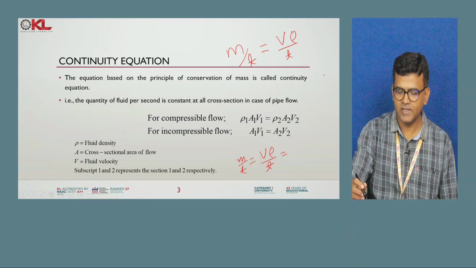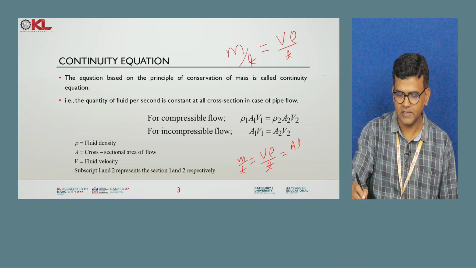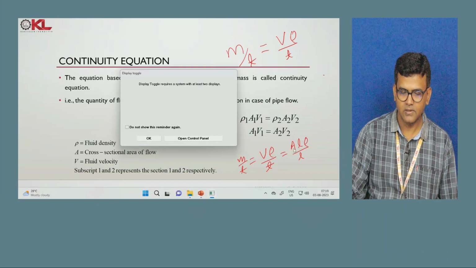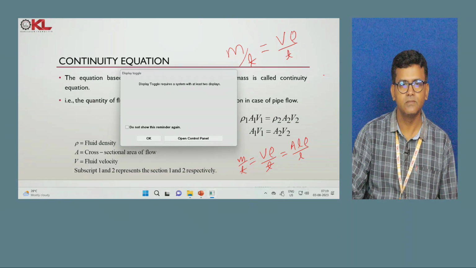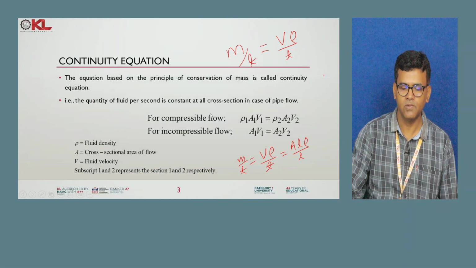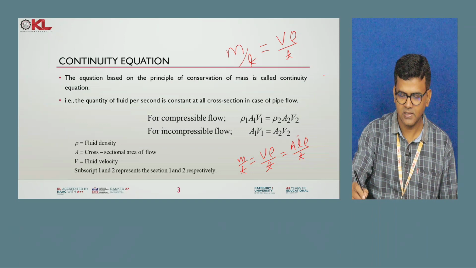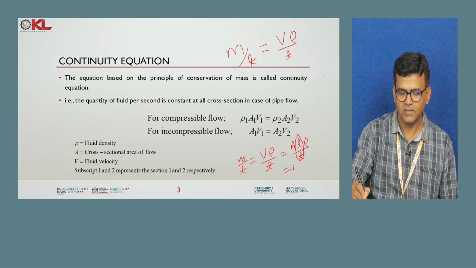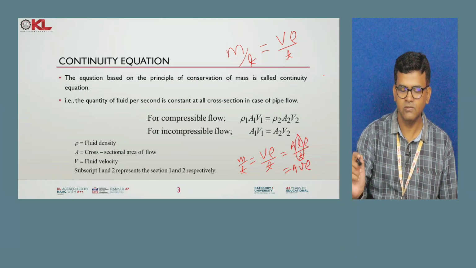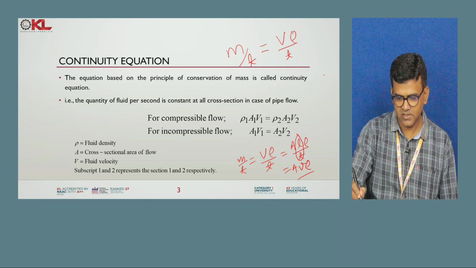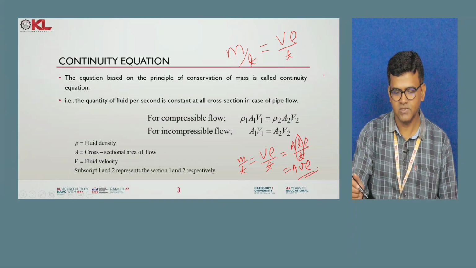Volume we can write as area into length, into density, by time. Length upon time can be written as the velocity, so it becomes area into velocity into density.